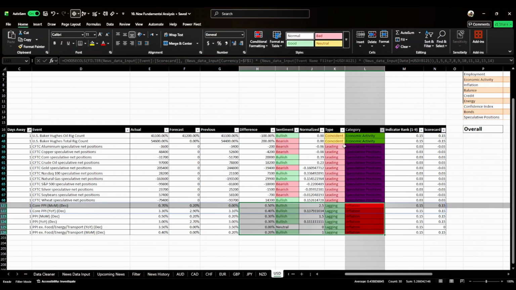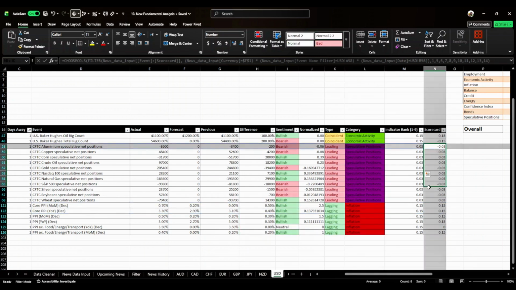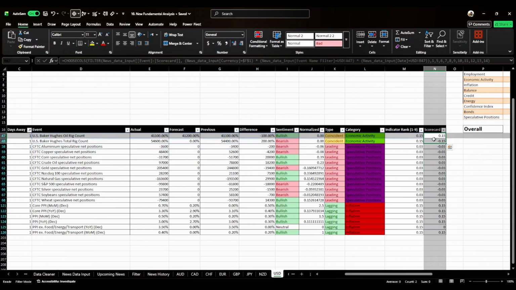However, the information for speculative positioning is slightly negative, while the economic release for yesterday is literally flatline, it is neutral. All of this put together says the US, from just yesterday's economic news, is doing good.